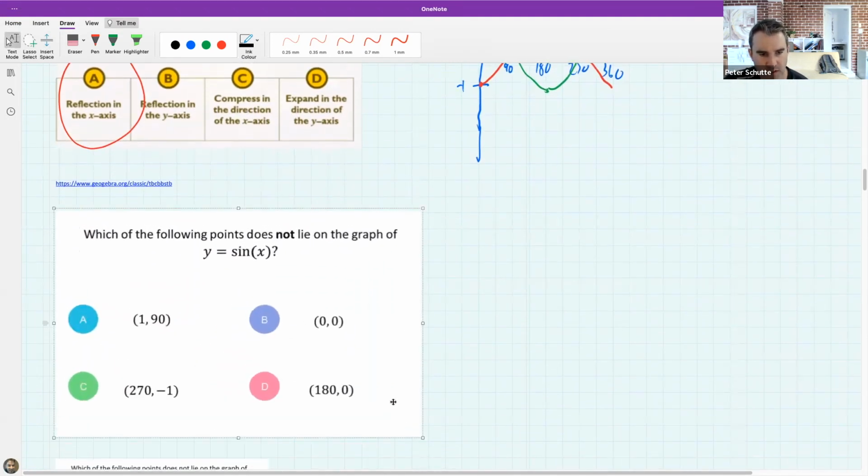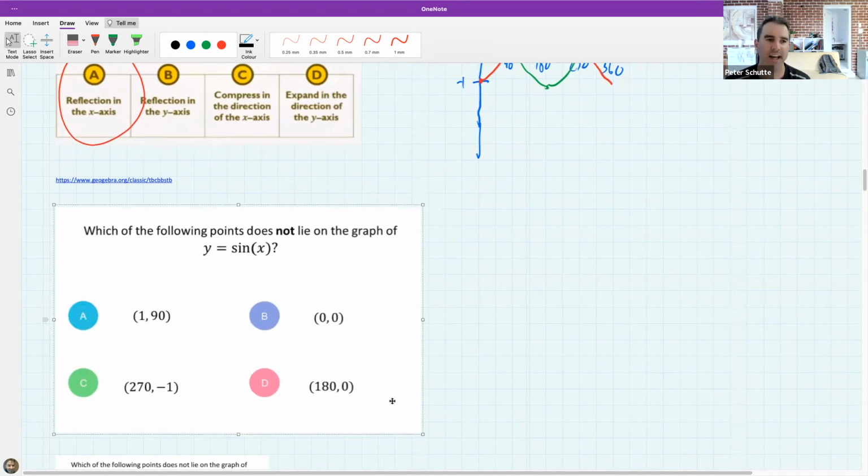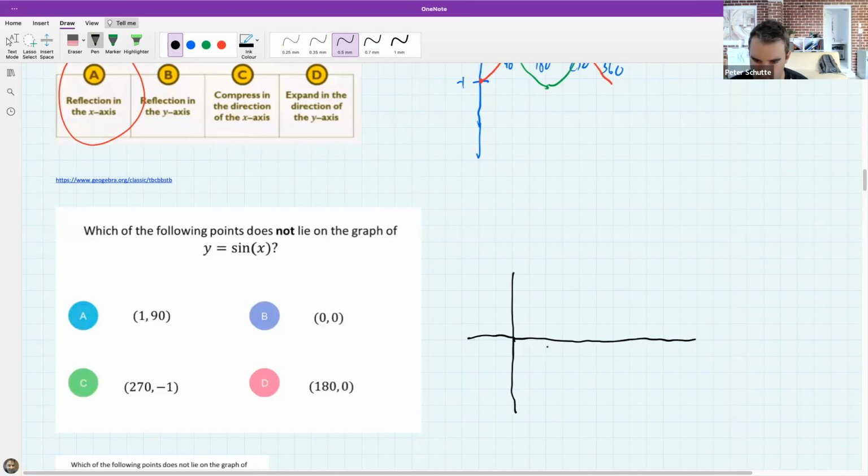Which of the following points do not lie on the graph of y equals sine x? Now, important, does not lie.